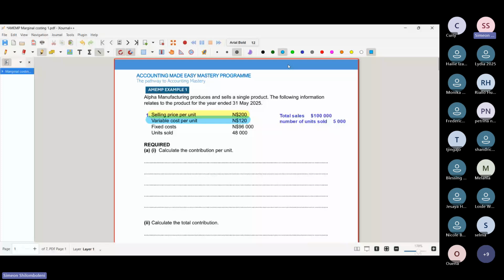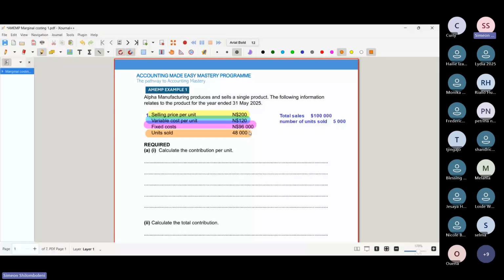Then the next one that you need to find is the fixed costs, costs that do not change with output. If you are doing economics or business, you must already know these things. And then the final one is the number of units sold. You don't always need it, but there are times that you might.